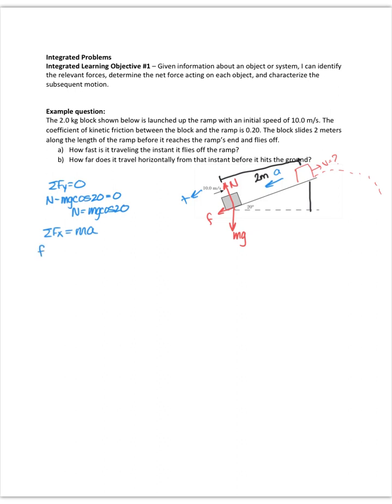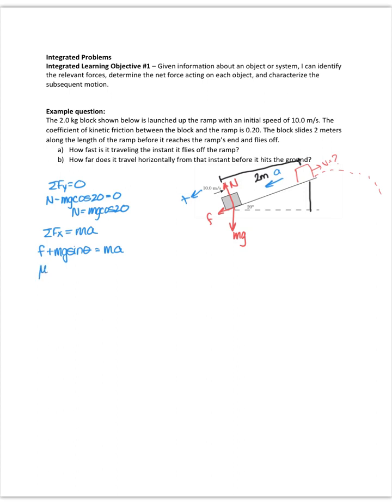So I have frictional force plus the x component of the weight are the forces acting down the incline. And that's equal to my mass times my acceleration. Everything here is positive because I chose down the incline to be positive for this part, and everything is in that direction. They're all in the same direction.